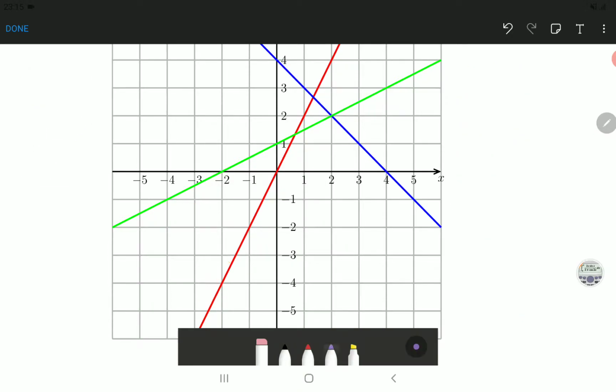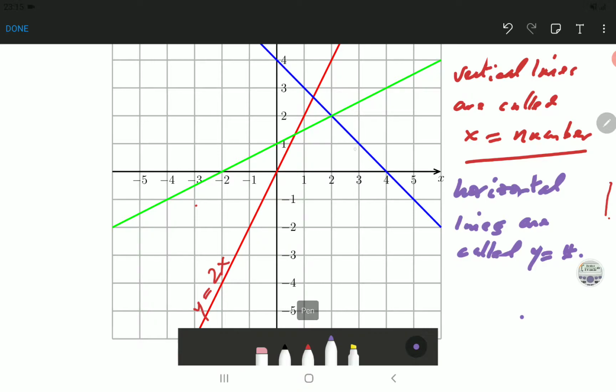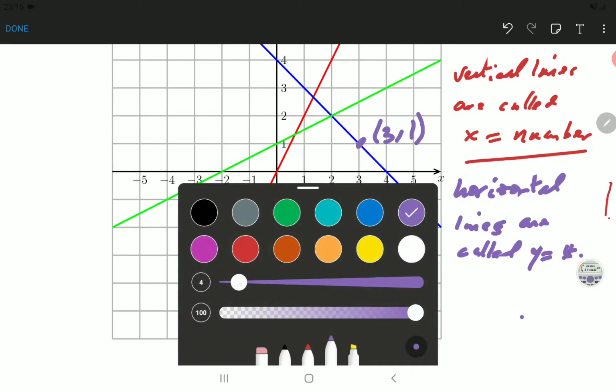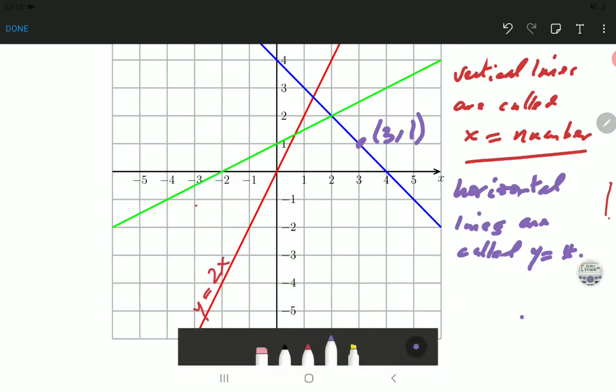For the blue line, the coordinates for this one are 3, 1, for this one 2, 2, for this one 1, 3, this one 0, 4, this one 5, negative 1.